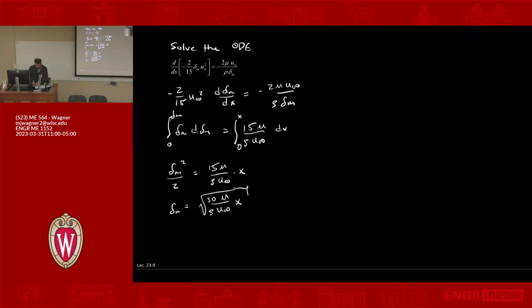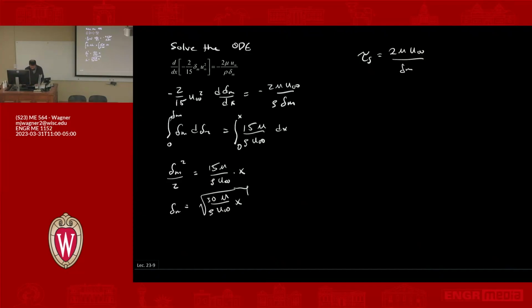Okay, so then what can we do with this? Let's plug this into the shear stress equation. Remember our shear stress, in the assumed form, is 2 mu u infinity over delta m. So now if I plug in my new expression for delta m here, I can compute shear stress at the surface.